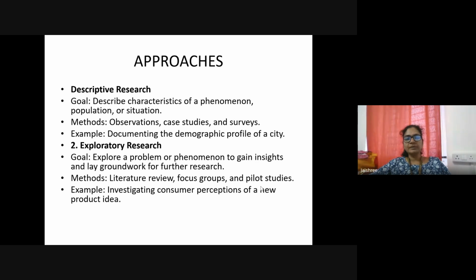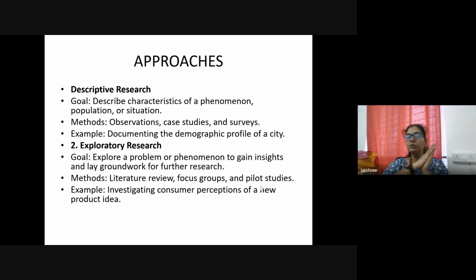So the first type is descriptive research. Your approach is a descriptive approach. Your goal is to describe characteristics of a phenomenon, a population, or a situation.